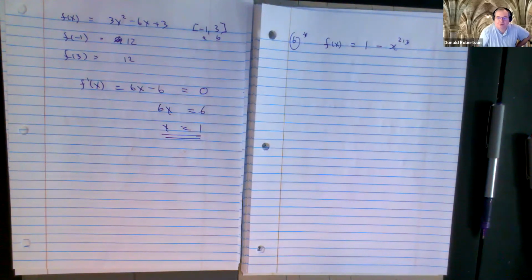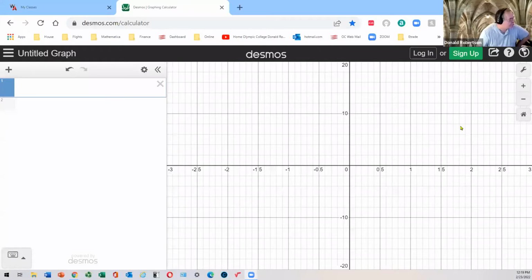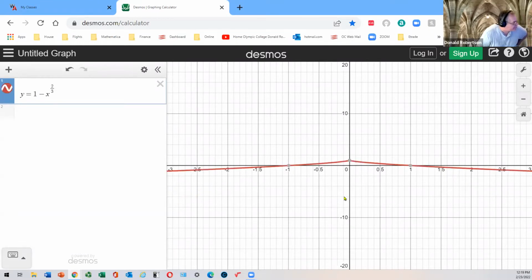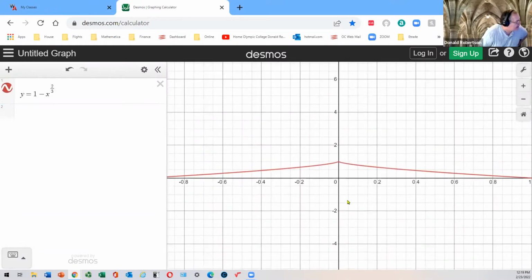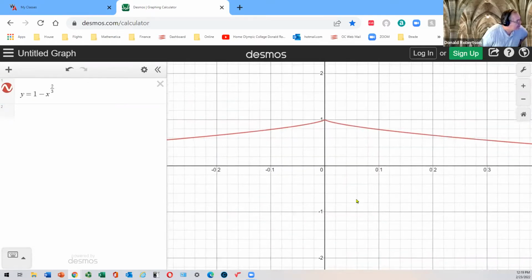And let me show you why this function cannot be done using Rolle's theorem. So are you looking at Desmos right now? Okay, so the function that I am going to look at is 1 take away x to the power of 2/3. Now I'm going to zoom in at 0.